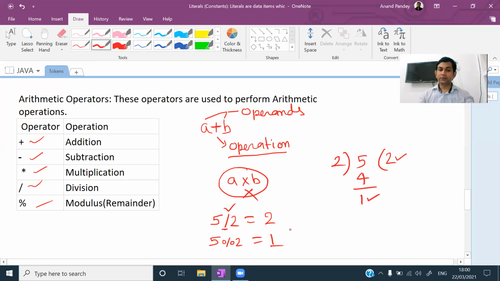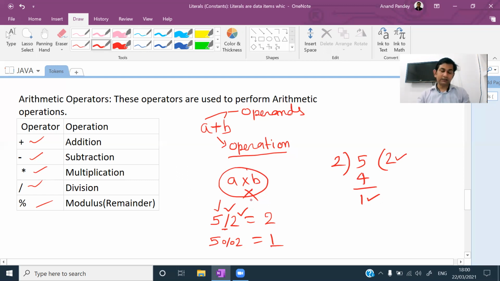So please be careful. And one question may arise: why have I not written 5/2 as 2.5? This question can arise because in maths 5/2 will be 2.5, but here in Java, in programming, 5 is an integer value, 2 is also an integer value, so the result will also be an integer value.